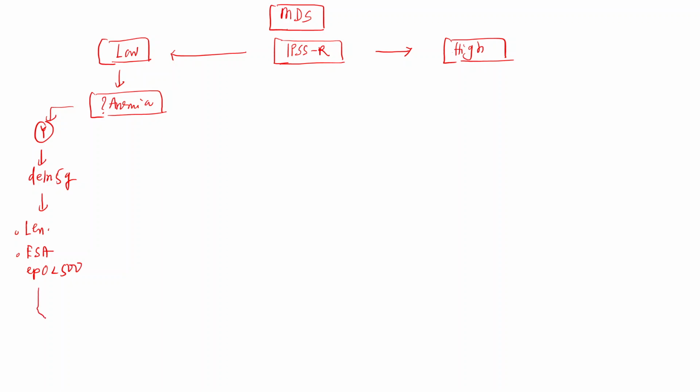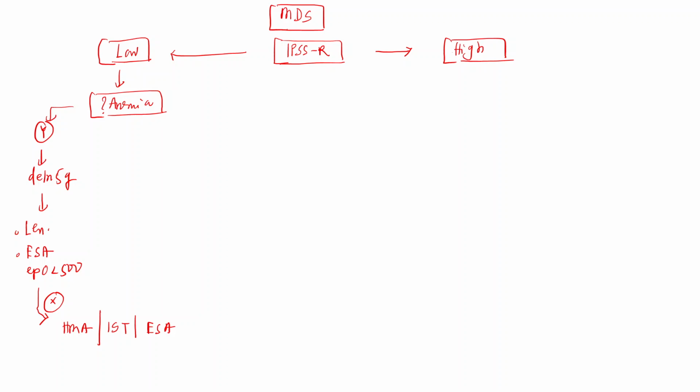If there is no response, then you can give hypomethylating agent, immunosuppressive therapies, or you can give erythropoietin stimulating agents if you have not used. Okay.